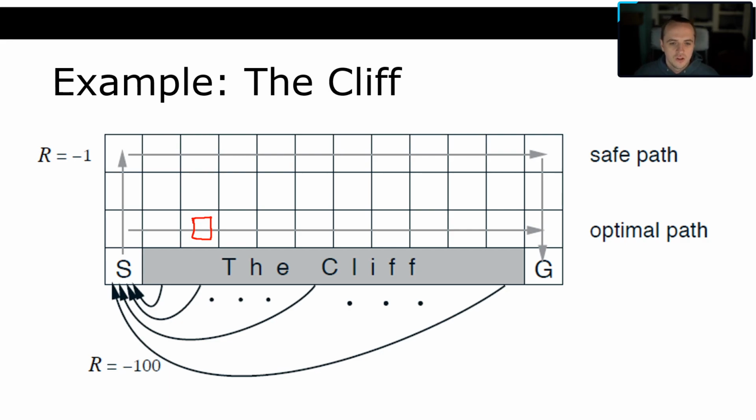Sarsa says, I'm going to update the value of this based on what I would choose at the next state. This state has a bunch of different actions: we can go up, down, left, or right. If we happen to go down, we step on the cliff.